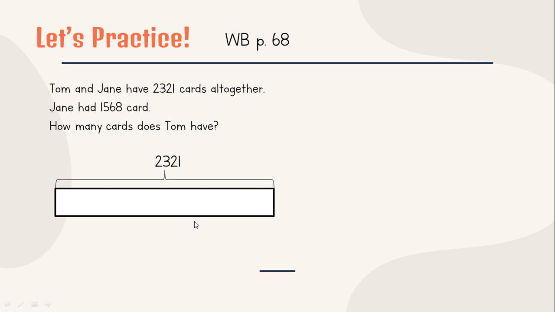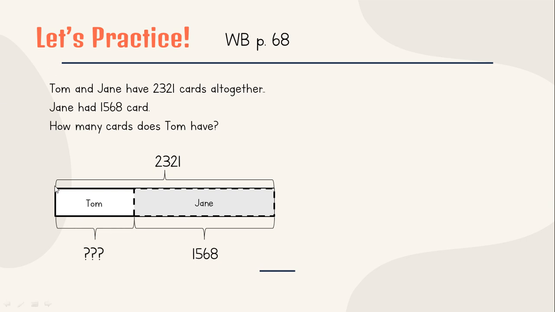It means that kartu ini dipunyai oleh Tom dan Jane. Kartu Tom dan Jane bareng-bareng ada 2,321 kartu. Now, we know that Jane had 1,568. Nah, this one is for Jane. Jane has how many? 1,568. And then the rest will be for Tom. So Tom has how many? What do we have to do?